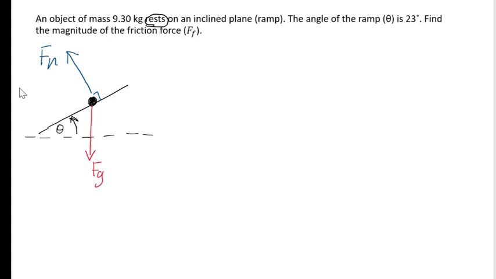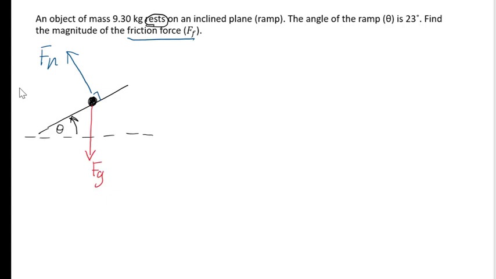We also have friction because we're asked to find the magnitude of the friction force. So we have to decide now which way we draw the friction. If the object is at rest on the ramp, it's not going to slide down the ramp or move up the ramp, so it's balanced by some opposing force.